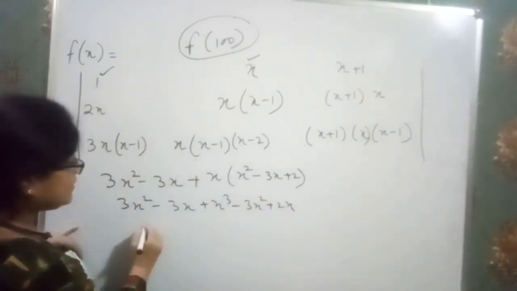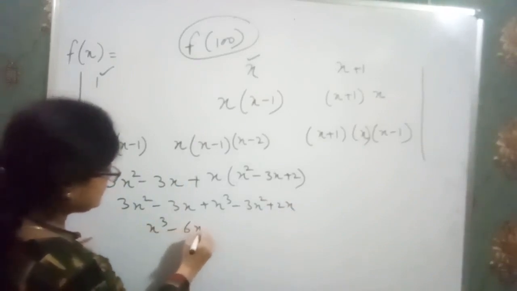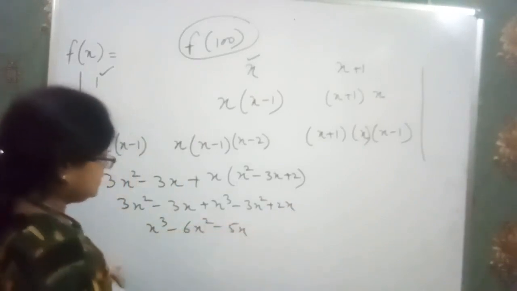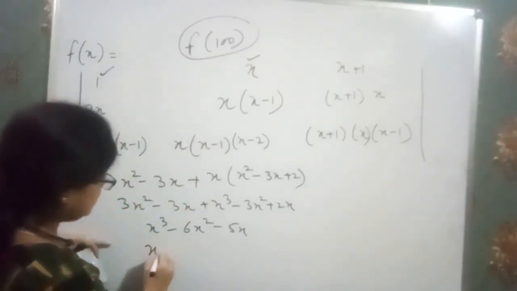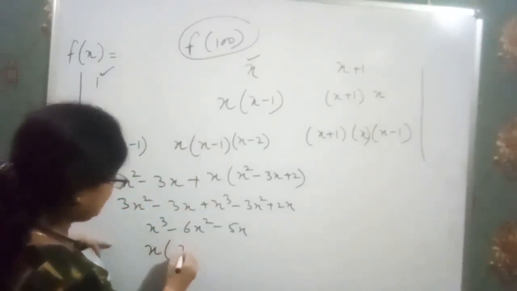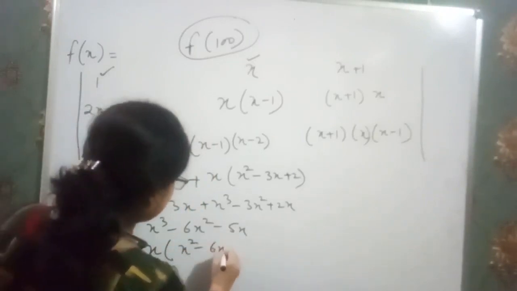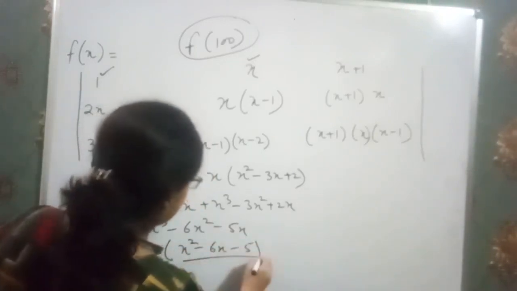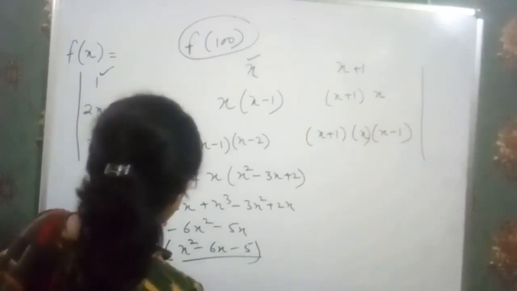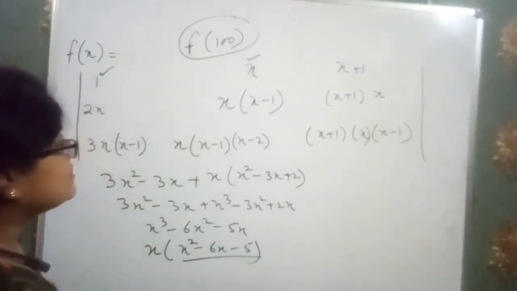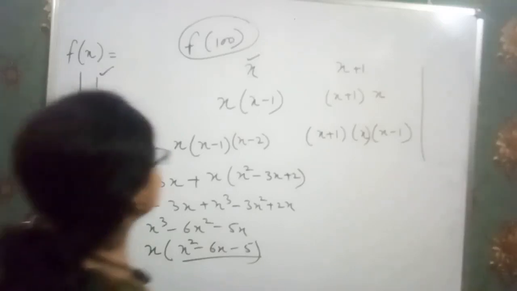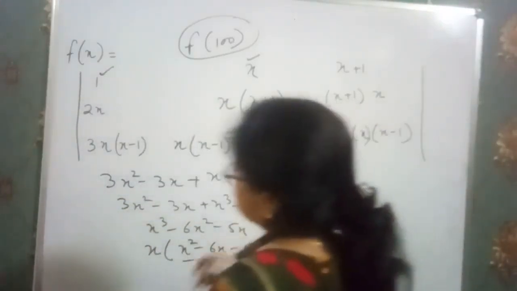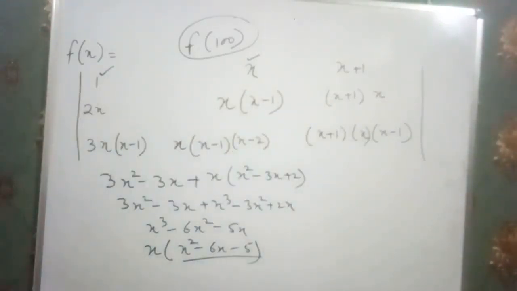Now when we factorize it, we have x square minus 6x minus 5, and ultimately we got the same term. Just multiply. We have x square minus 1 into x.